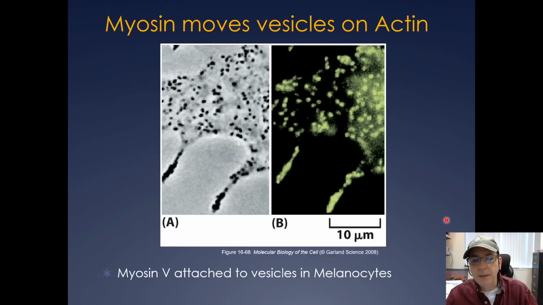A great system for understanding the movement of vesicles on actin and microtubules is melanocytes. These are cells that contain pigments in different organisms.